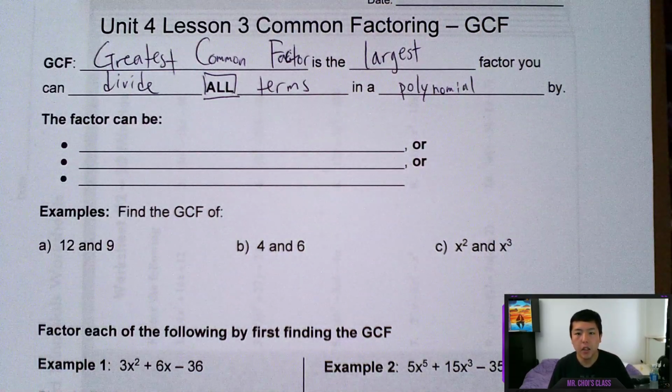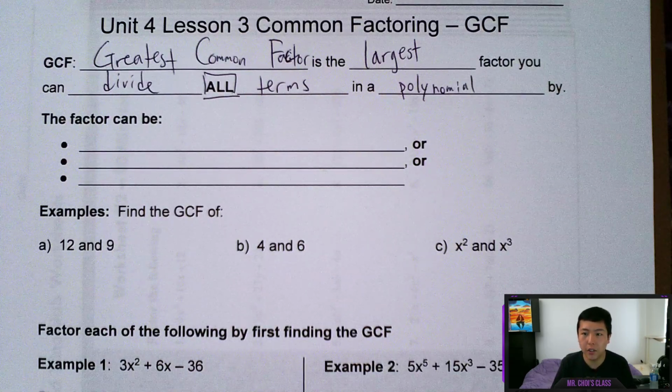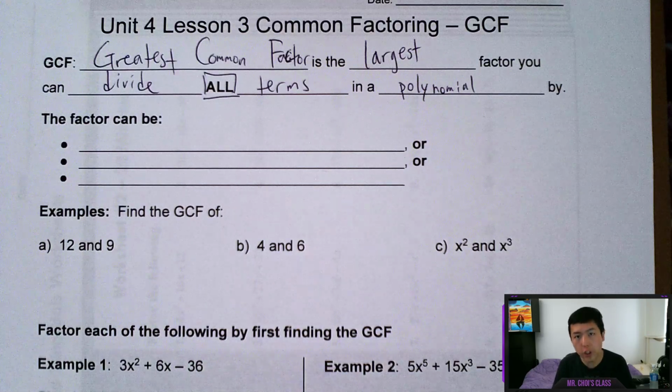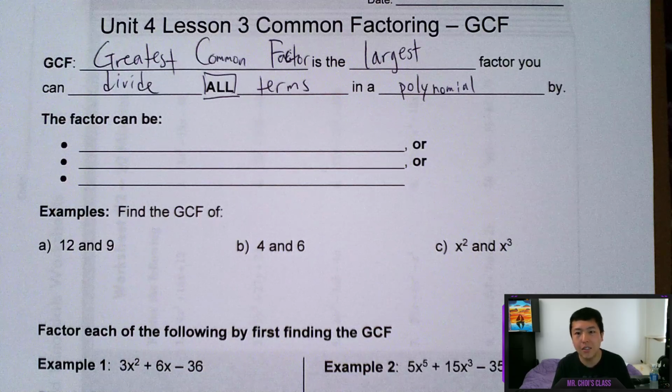So once again, GCF is the greatest common factor, and it's the largest factor you can divide all the terms in a polynomial, and it has to be all. If it's not all, it's not a greatest common factor. You can't divide it.